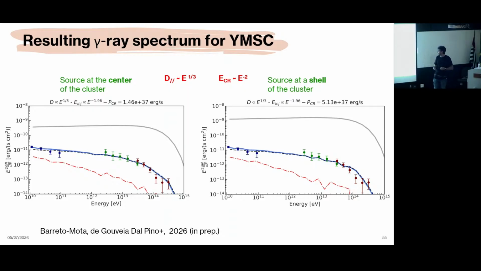So I don't know, if we can get more information about these, maybe we can also get more information about the energy injection, or maybe the actual efficiency of this process. Maybe it could help us break this degeneracy somehow.